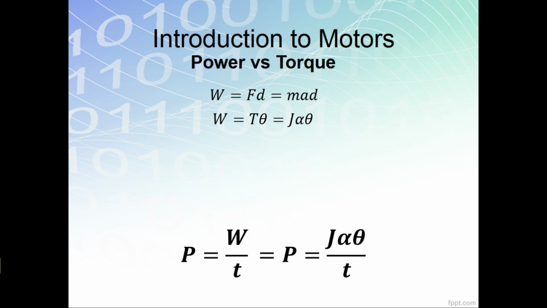But if the motor would work faster, the power would also get higher. That means the torque provides the picture of how much the work is, while the power includes the element of time.